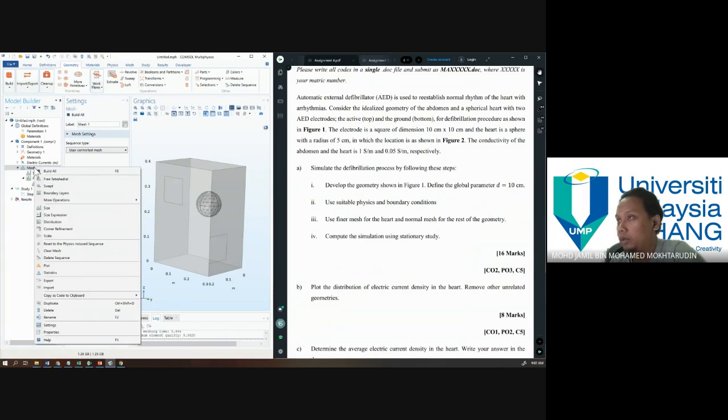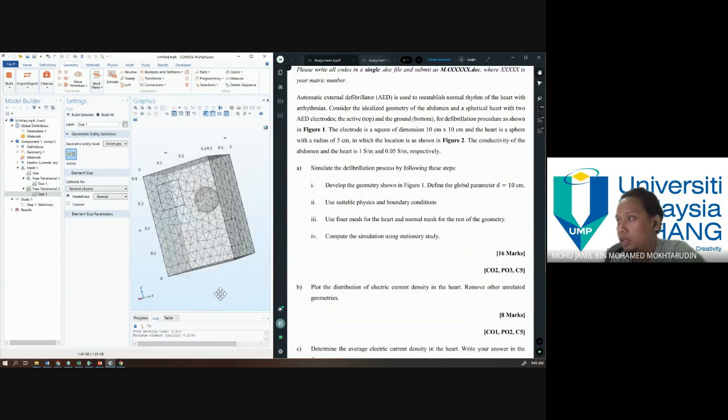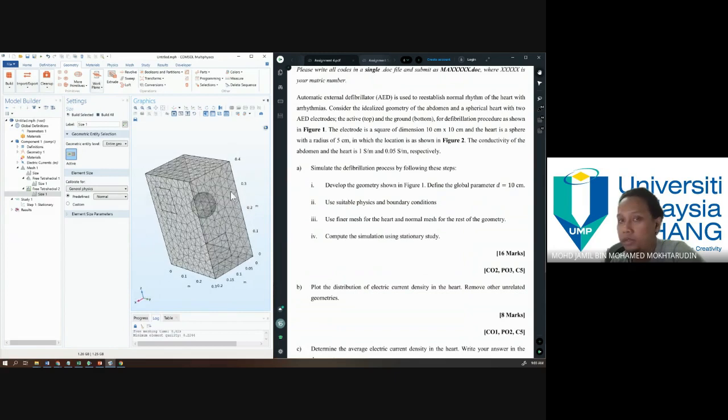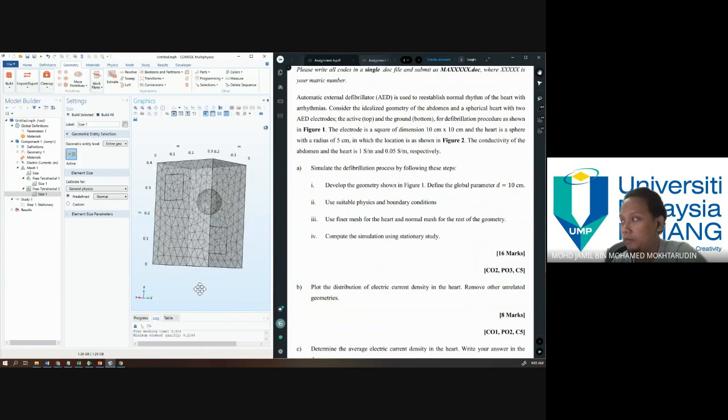So again, right click, choose free tetrahedral, remaining, and then size normal. So remaining here means the other geometry. So try build all. You can see that the heart has a smaller mesh compared to the rest of the geometry. And now we have everything. Then we can try compute.